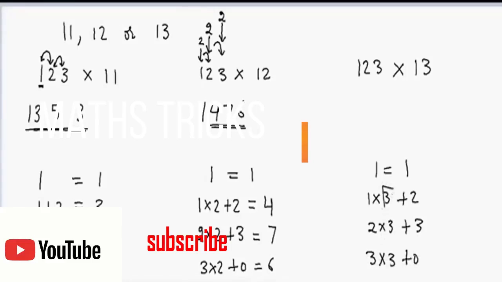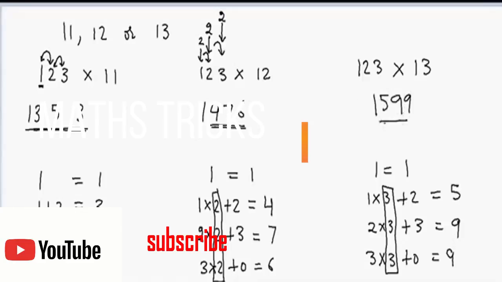If you look here, I multiplied all the numbers by 3, here I multiplied all the numbers by 2, and here I did not do any multiplication because it was 1. So if I add these numbers, it will be 5, 9 and 9. So the answer will be equal to 1599. So that's how I'll multiply any number by 11, 12 or 13.